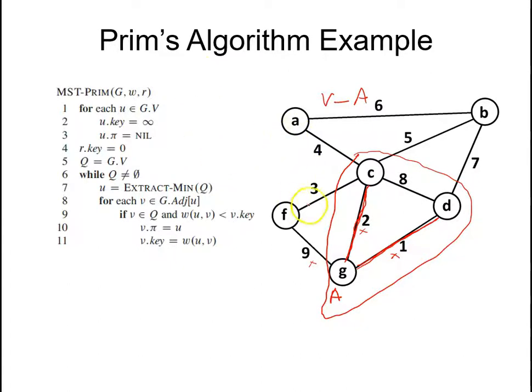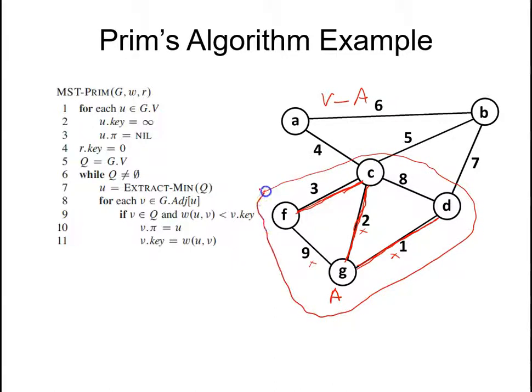Now, going out of these three vertices, the minimum edge out of 7, 5, 4, 3, and 9 is this. So now we extend our set. Our A set now gets to include these 4 vertices.